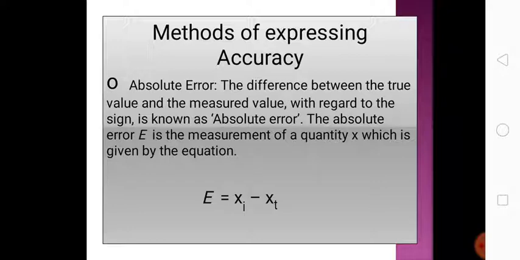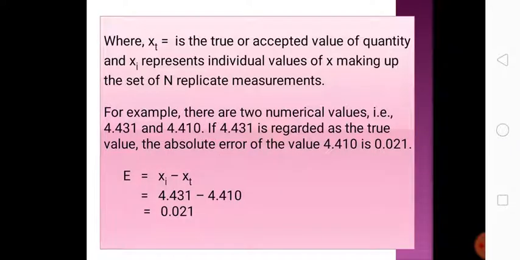Absolute error: the difference between the true value and the measured value, with regard to the sign, is known as absolute error. The absolute error E in the measurement of a quantity x is given by the equation E equals xi minus xt, where xt is the true or accepted value of the quantity and xi is the individual value of x making up the set of n replicate measurements.